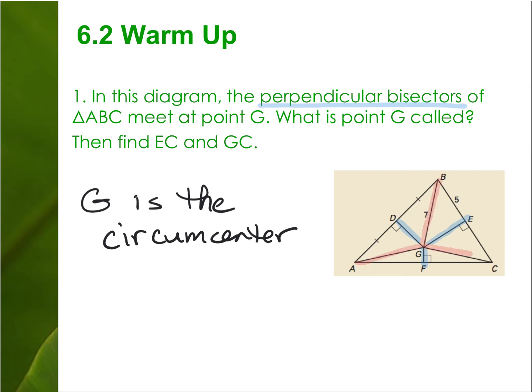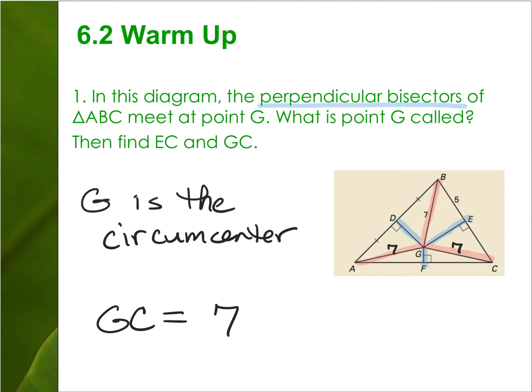So all of the red lines are the equal distance segments from that point of concurrency. So if they've already labeled BG as 7, then I also know GC is 7, and I also know that AG is 7. So that was the second part here, GC. They wanted us to find the length of it, and that's 7.